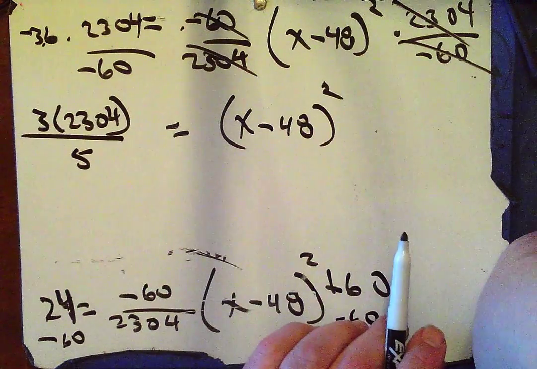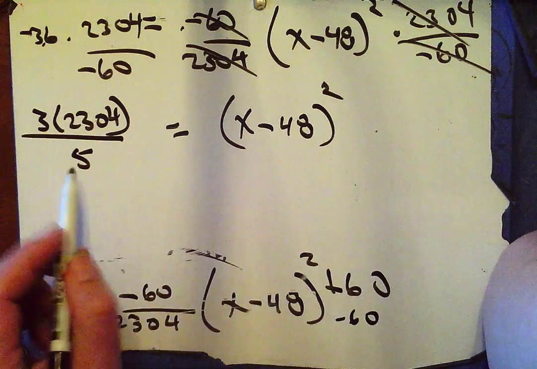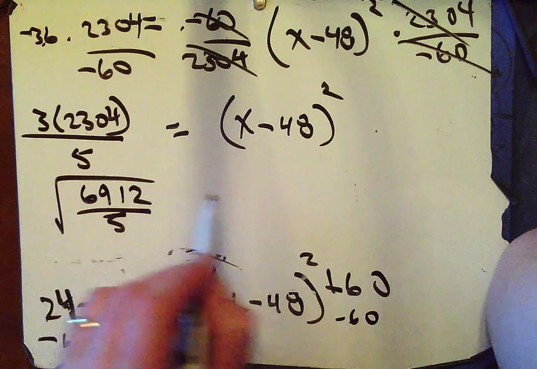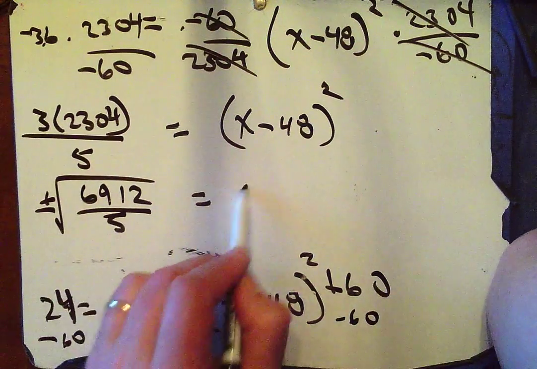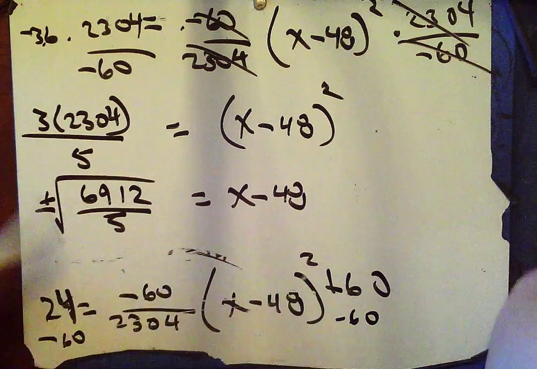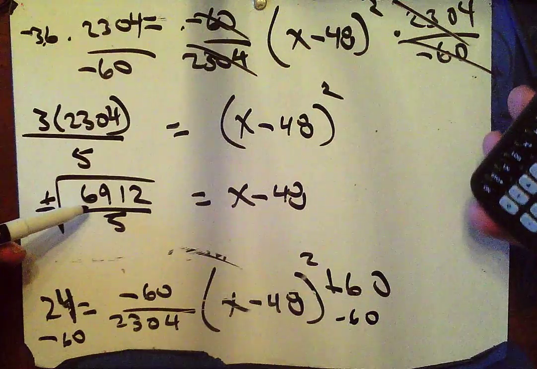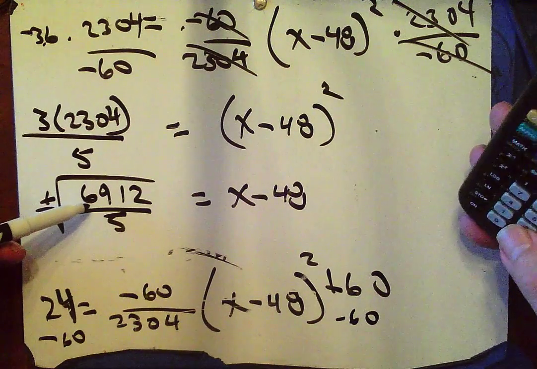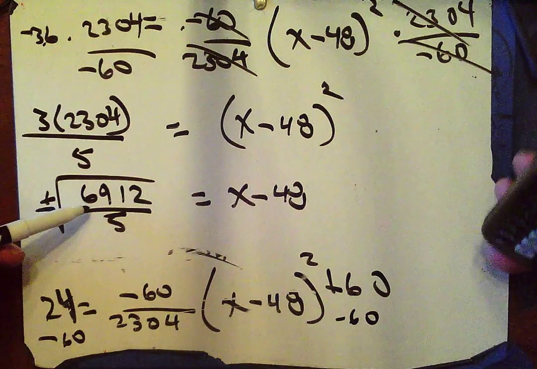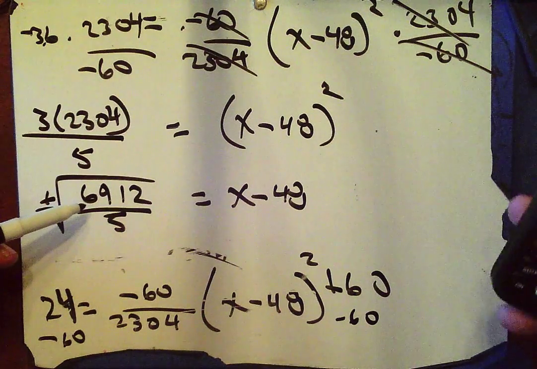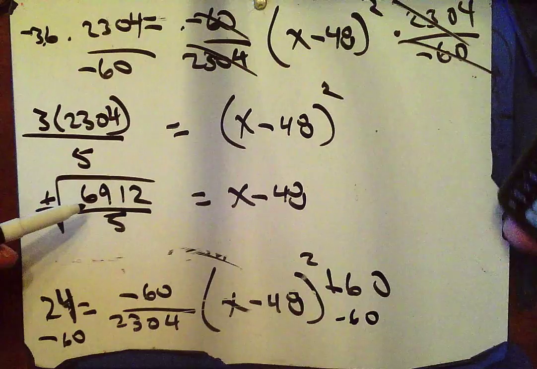Well, now I've got to take the square root. 6912 divided by 5. Don't forget that plus and minus. X minus 48. I know this isn't going to be divisible by 5, but just idly curious, is there a whole number value for the square root of 6912?